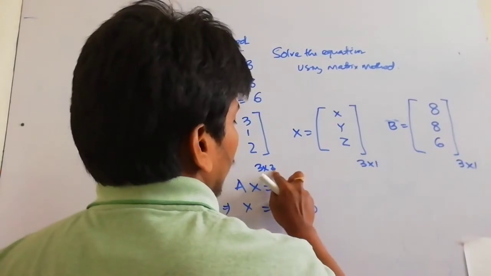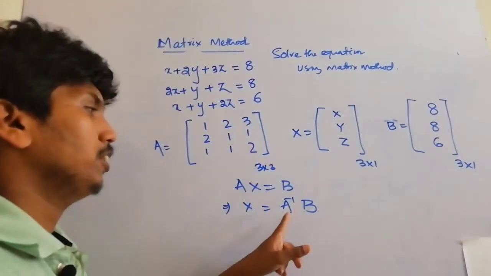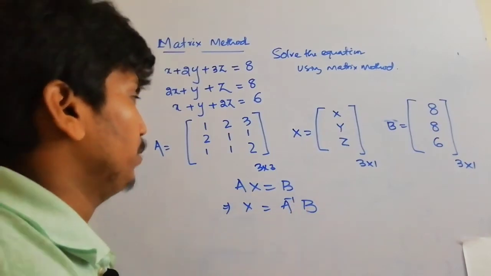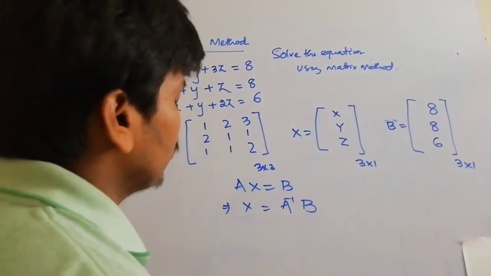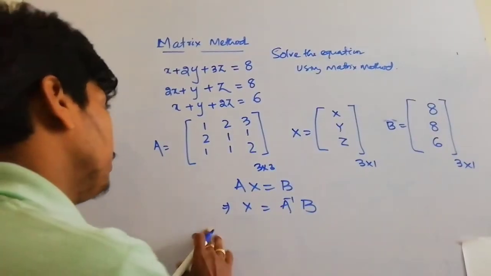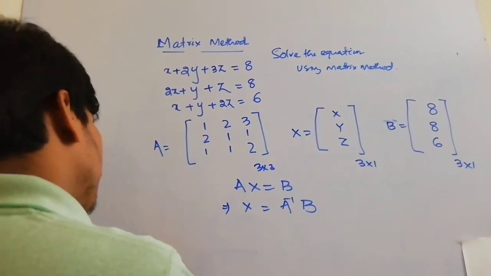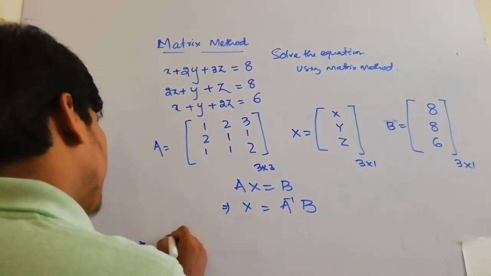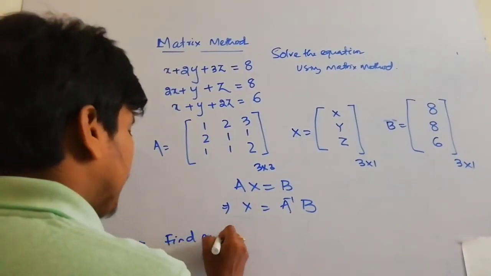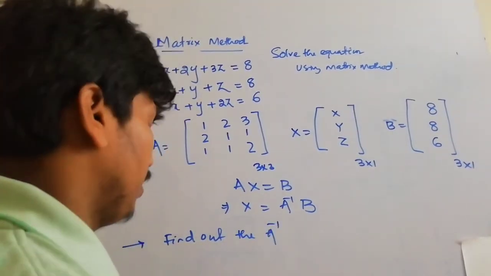The number of columns is equal to the number of rows, that means you can multiply A inverse and B. So first thing is you have to find out the A inverse. How can you find the A inverse? So the next step is to find out the A inverse of A.